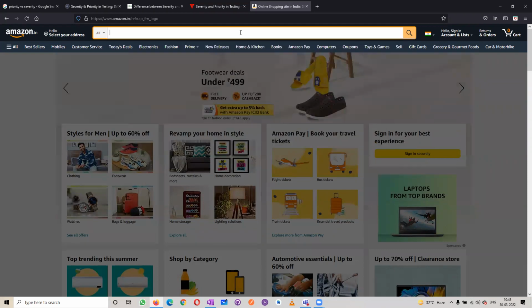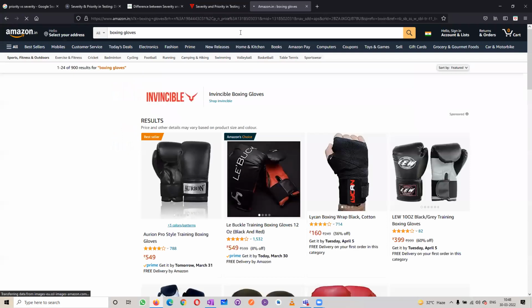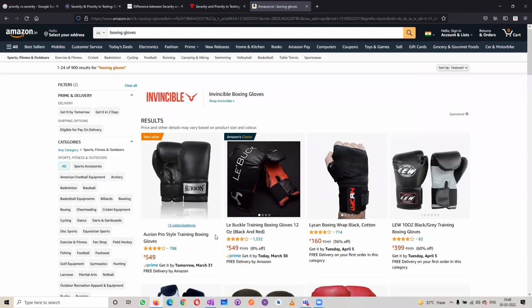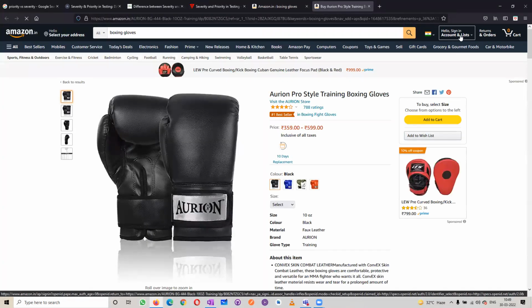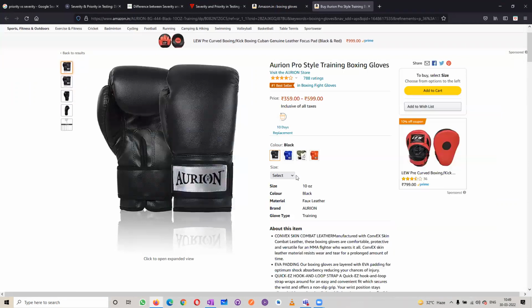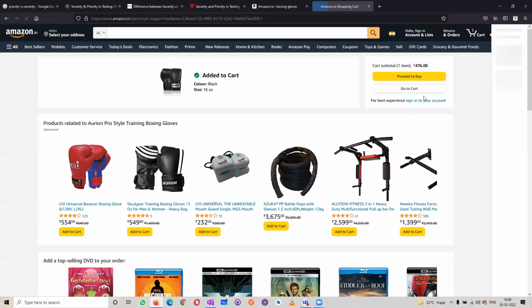If you see here, the boxing glove which I have taken, now I can go here and see that the login functionality is not working. There is a bug in the login functionality, but I'll come here, select this, add it to the cart, and proceed further.